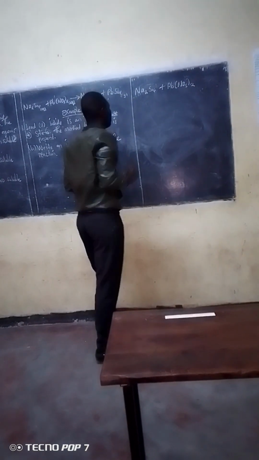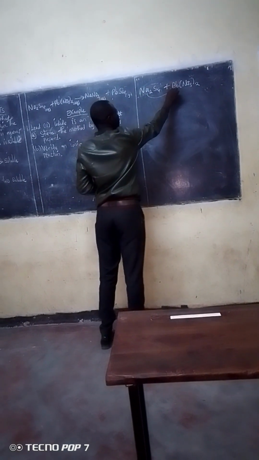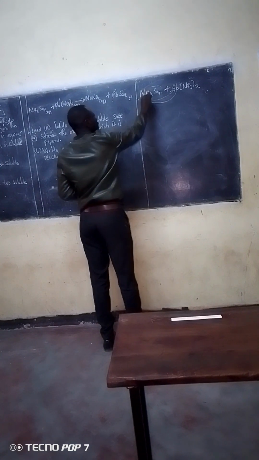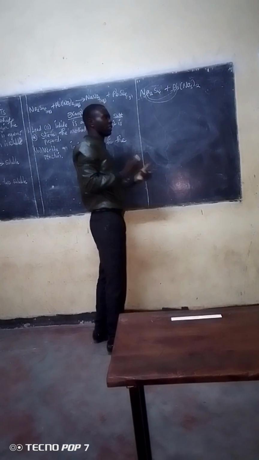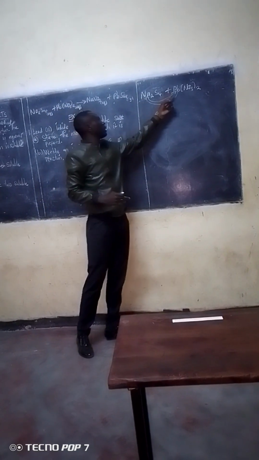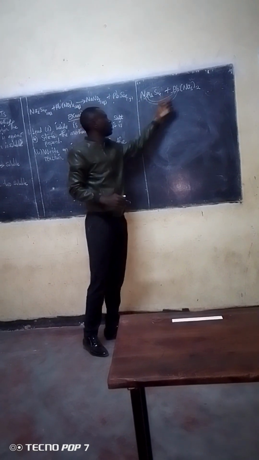What will happen here is this: the sodium is going to replace lead, and the lead is going to replace sodium. In fact, they have just exchanged their positions. Where there was sodium, there will be lead, and where there was lead, there will be sodium.